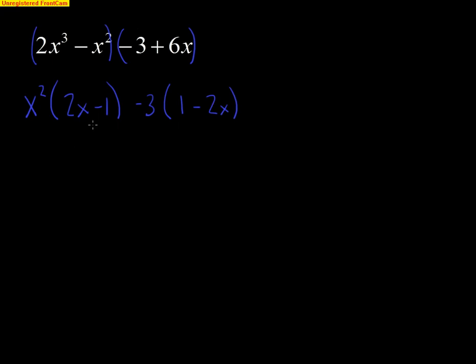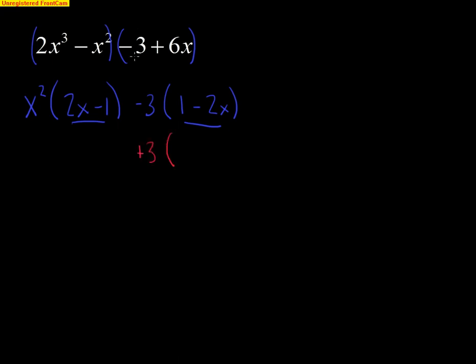Now, this is not the same. So, one of the things we have to figure out here, this does not match this. Okay, but it looks pretty close, 2x minus 1 and 1 minus 2x. The way I can work this out is, instead of taking out a negative 3, I could take out a positive 3.